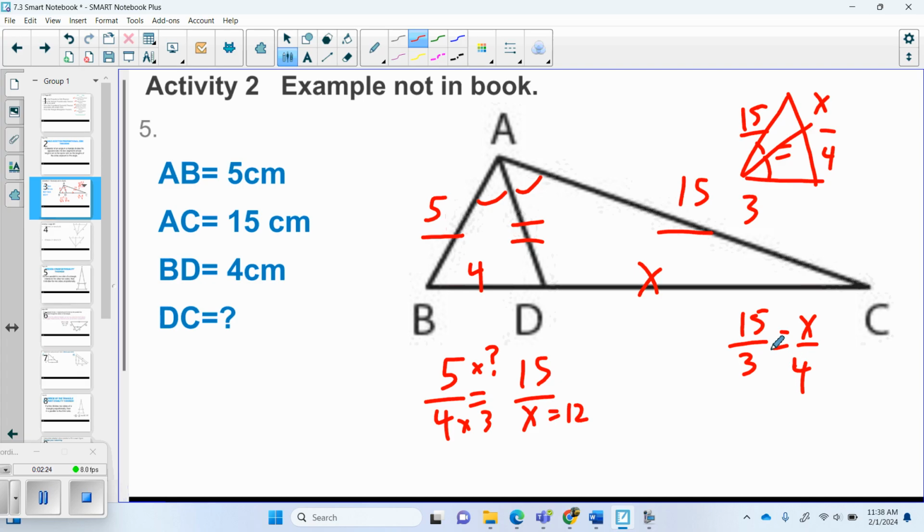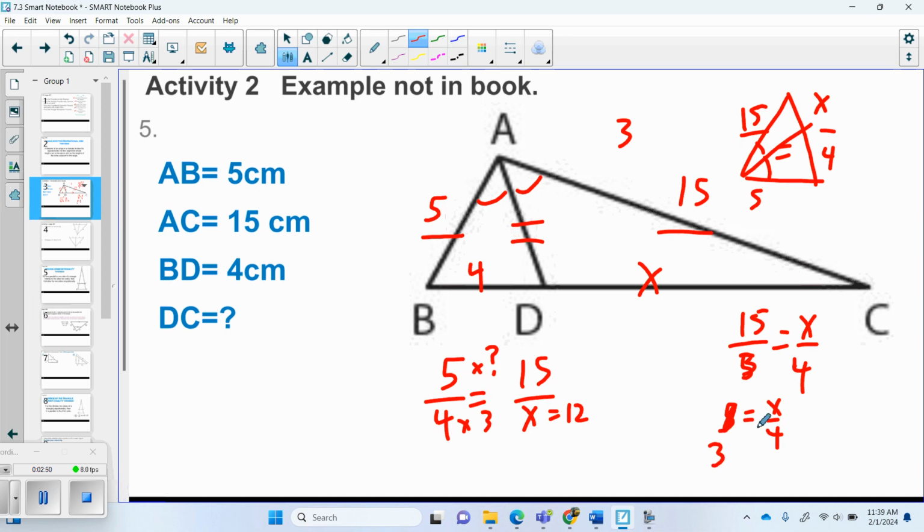Oh, wait up. This should be a 5. I don't know where 3 came from. So 15 over 5 equals x over 4, 15 over 5 reduces to 3.